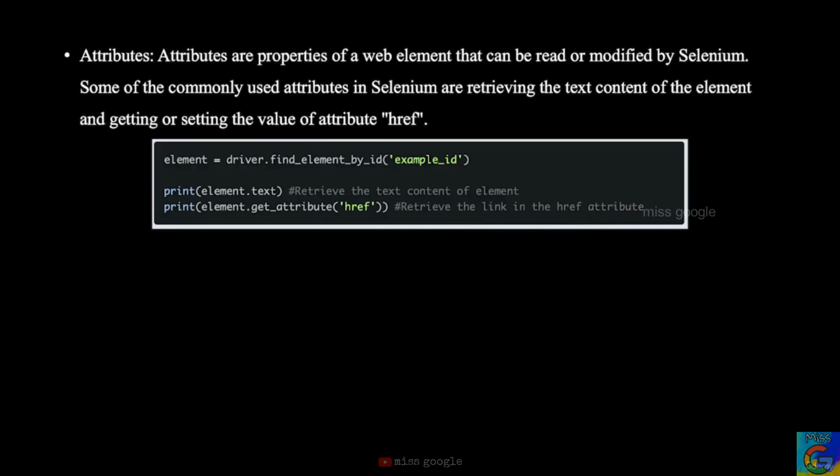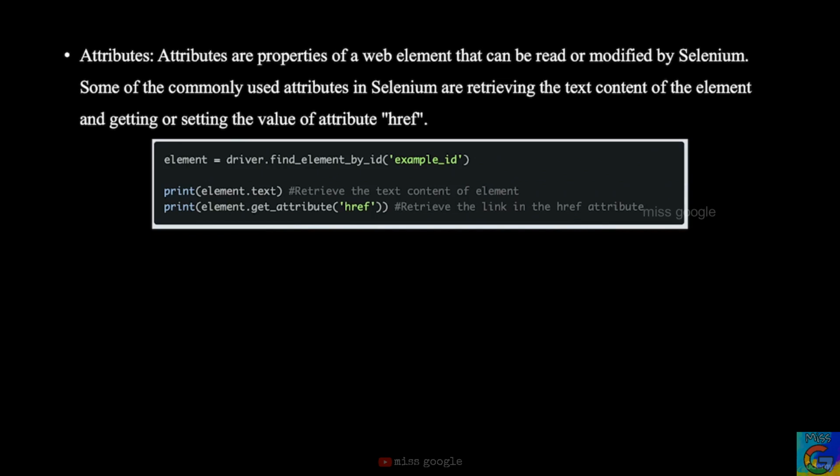Moving on to attributes. Attributes are properties of a web element that can be read or modified by Selenium. Some of the commonly used attributes in Selenium are retrieving the text content of the element and getting or setting the value of an attribute such as href. As you can see, we have an example whereby we are finding an element by the ID value, such as example ID.